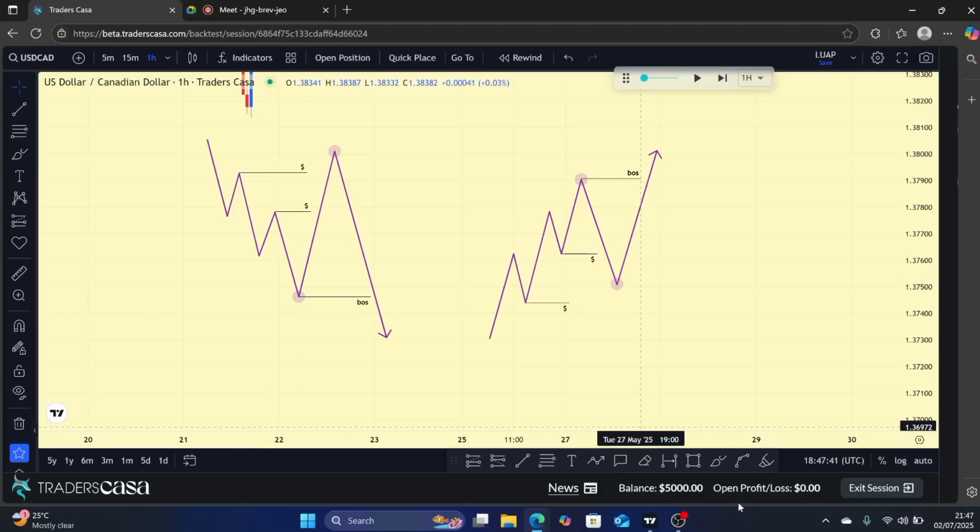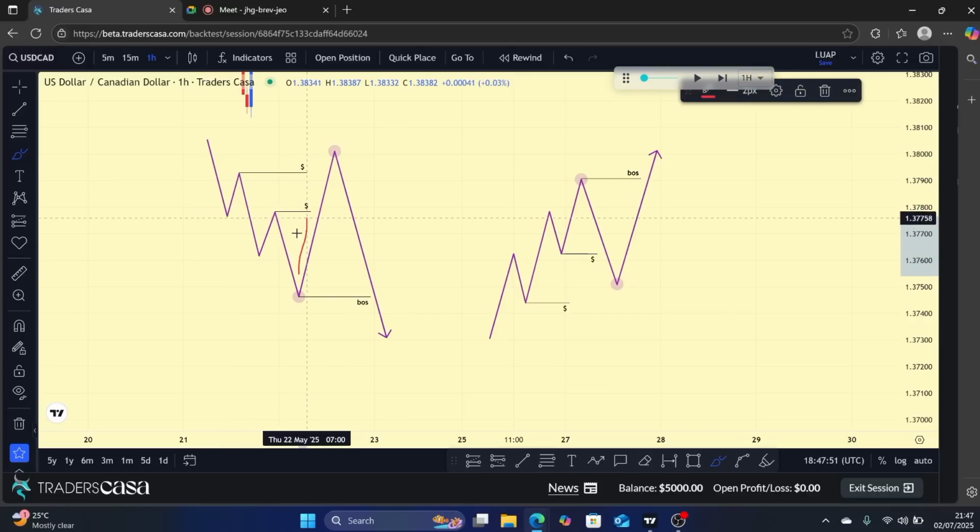Let me use this one here so it becomes easier to explain. You can clearly see price has been forming valid pullbacks to the downside, and then price reversed up and grabbed this liquidity resting above this high. We only need a grab past the recent one to confirm this one here to be a swing point.